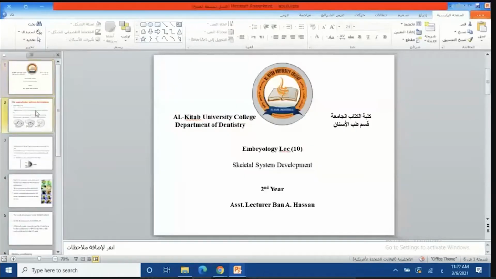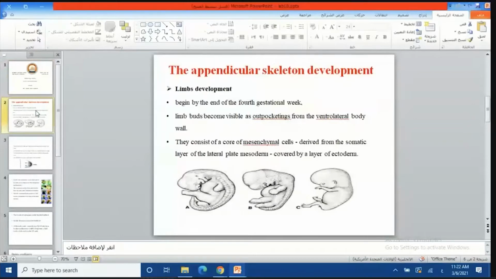Okay, so the appendicular skeleton development: the limbs begin to form buds, and the buds show at the fourth week, or at the end of the fourth week of pregnancy, let's say at the beginning of the second month.